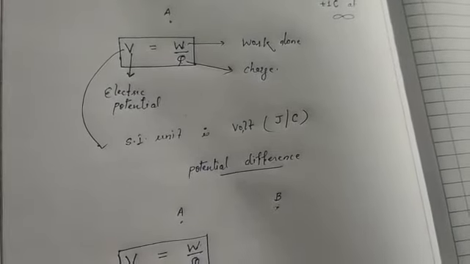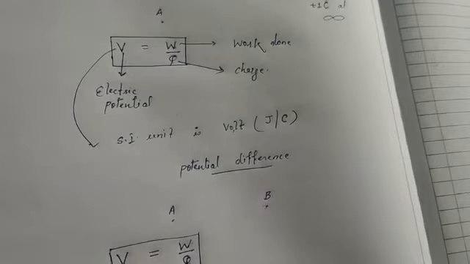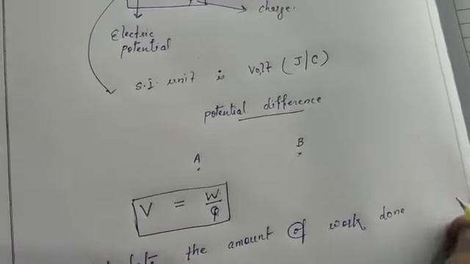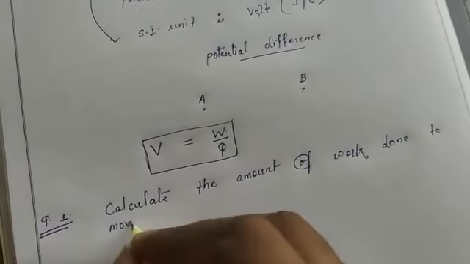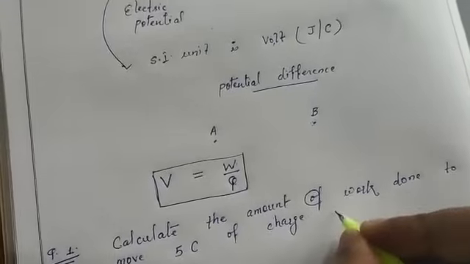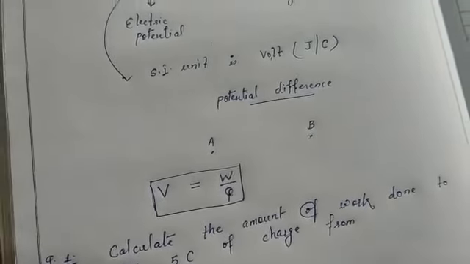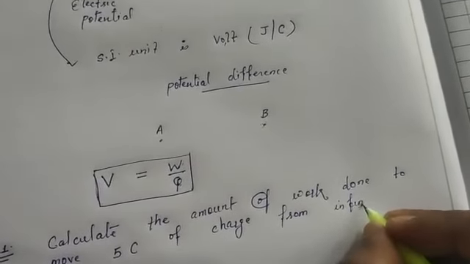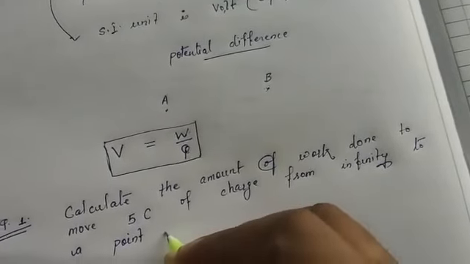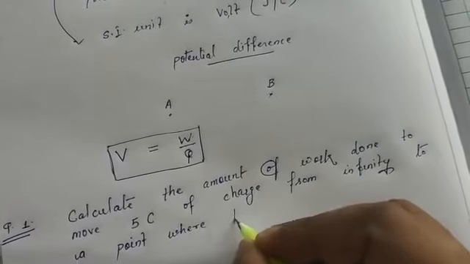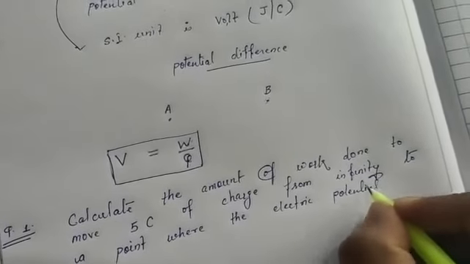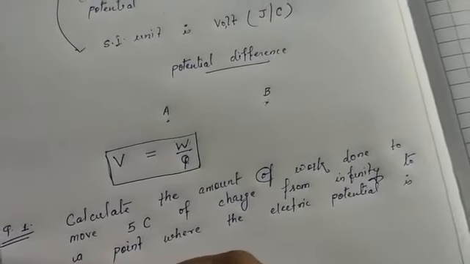Calculate the amount of work done to move 5 coulomb of charge from infinity to a point where the electric potential is 20 volt.